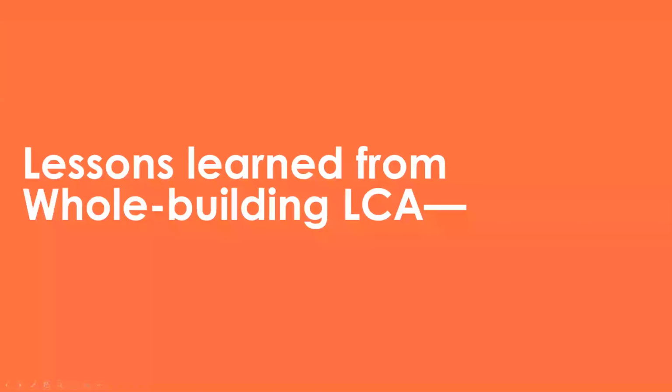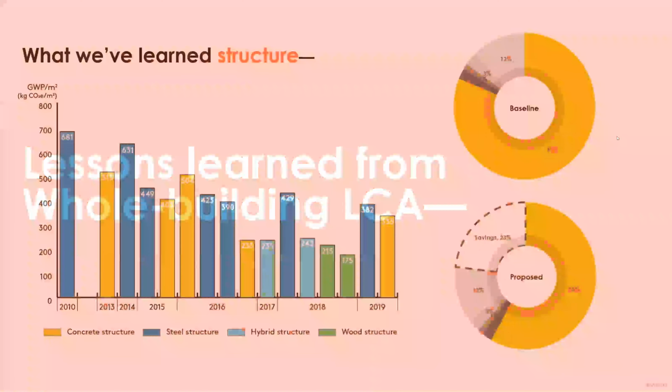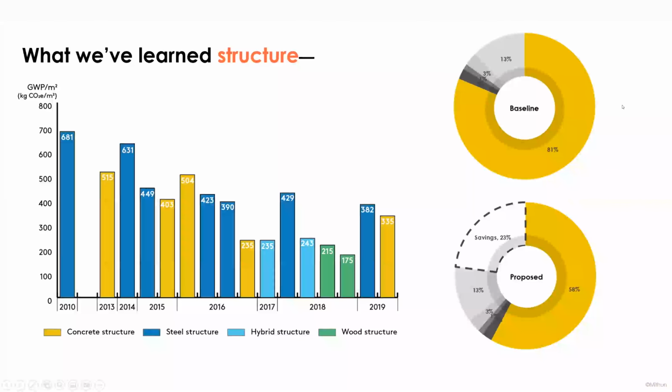So we wanted to share a few of the big lessons learned that we wanted to include in this update of the calculator. We have been tracking embodied carbon on our projects over the last 10 years or so, really trying to ramp up whole building life cycle assessment and building our own project embodied carbon database.